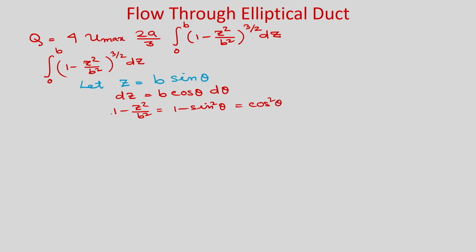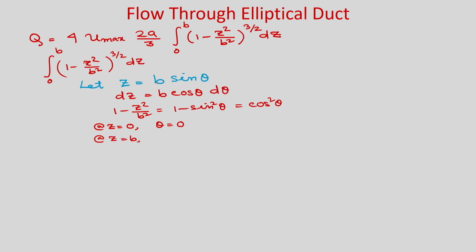Now, let us discuss the limits. You can see at z is equal to 0, obviously theta will be 0 because sin theta is 0, and at z is equal to b.